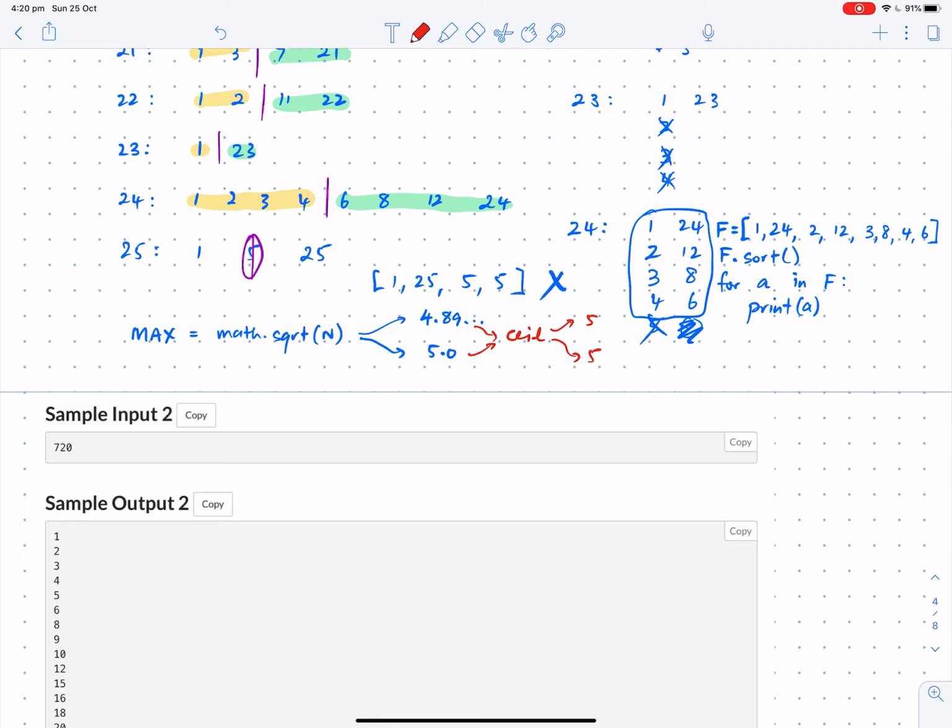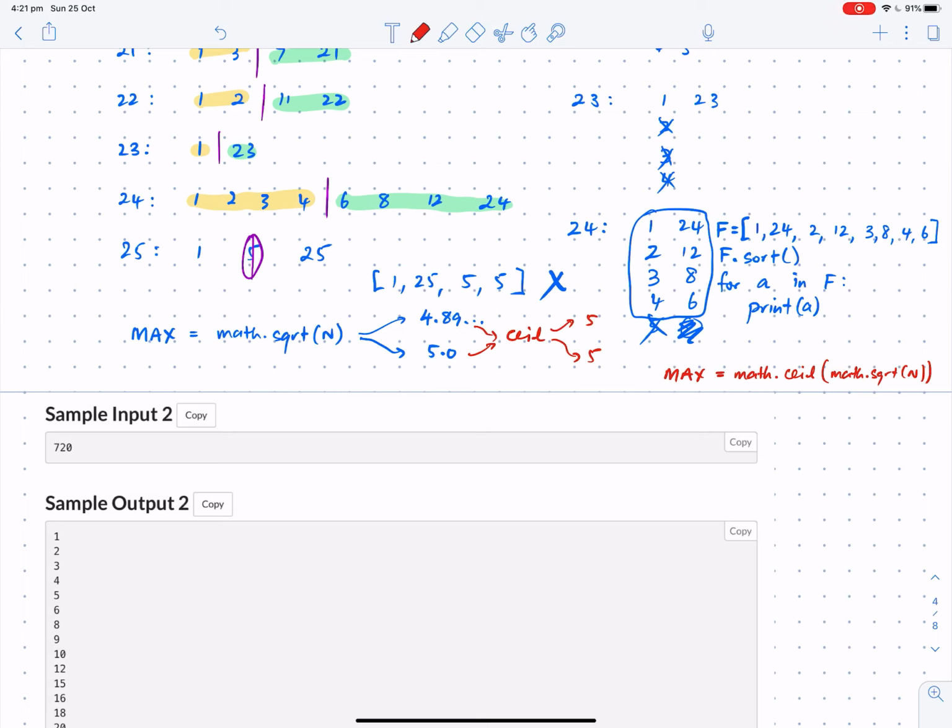So if we calculate the ceiling of the square root of n, then that means we'll get an integer that we can work with in a range, and that can be our stopping point for checking for factors.